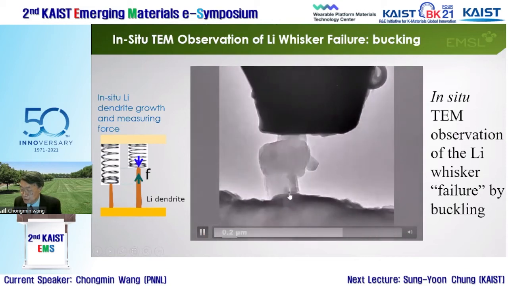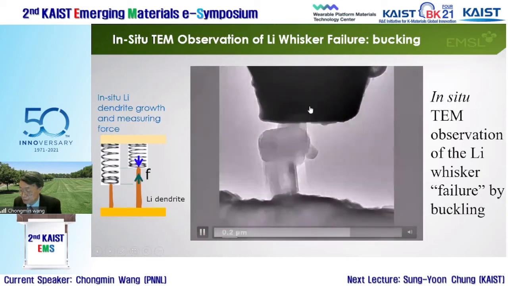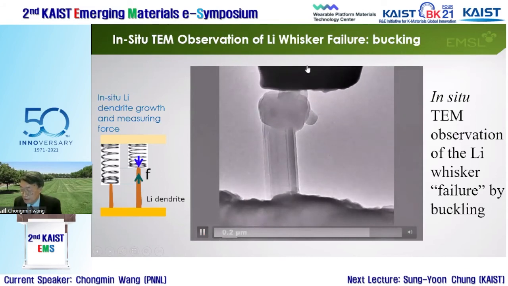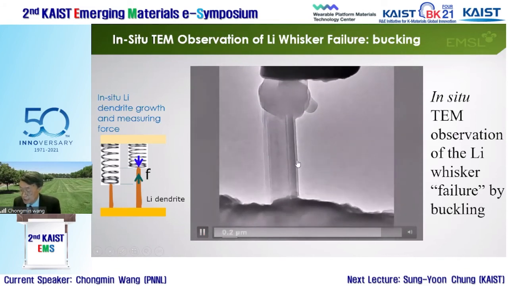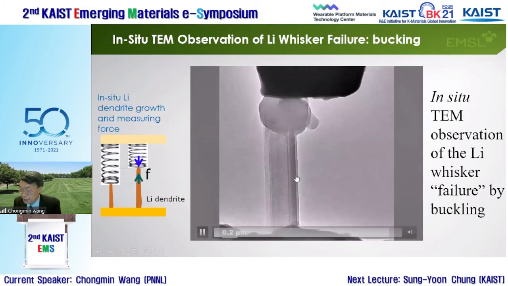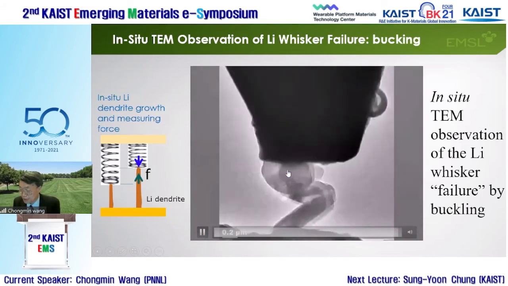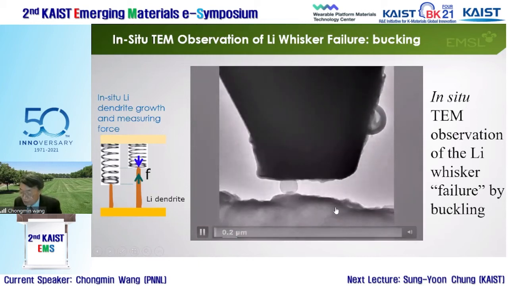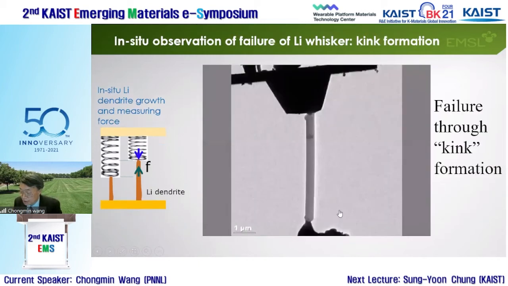That's what's going on. You can see they are strong enough, and they push the spring up, and the spring tries to push it back. The force becomes larger and larger until at one point they cannot sustain the force anymore, and then it fails by buckling, for example. That's one failure mode, and let's see another one.